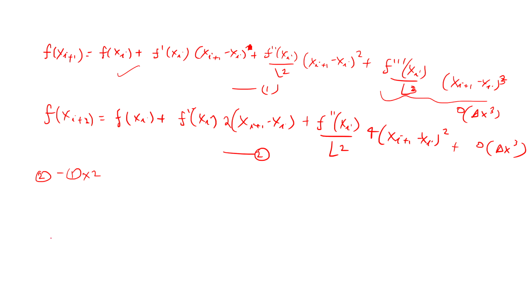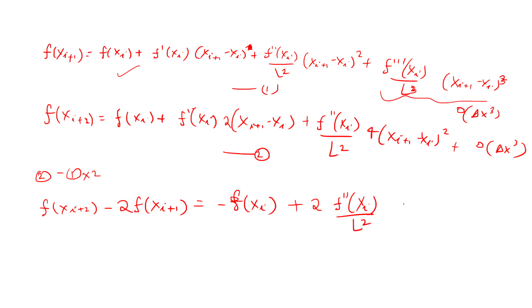This will give me f of xi plus 2 minus 2 times f of xi plus 1 equal to minus f of xi. This thing will cancel out and this will become plus, if I multiply this with 2 and subtract, 2 times f double prime xi upon factorial 2 times xi plus 1 minus xi to the power 2, and this order of delta x cube.